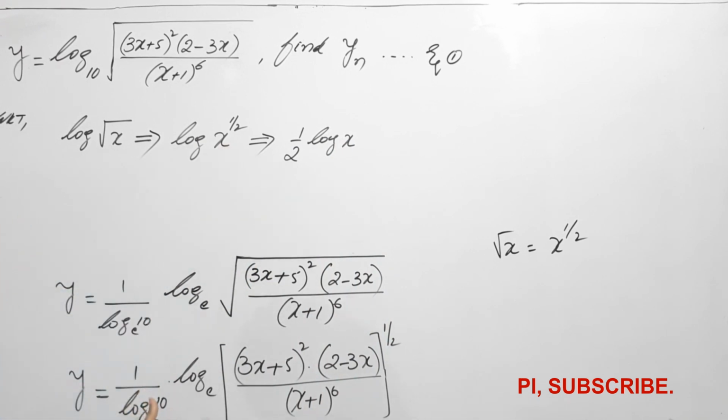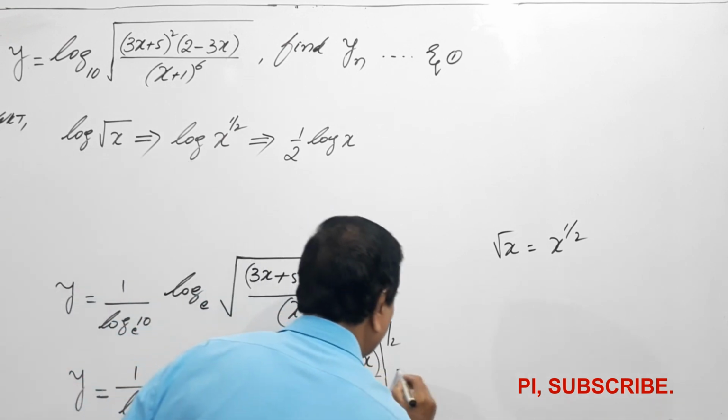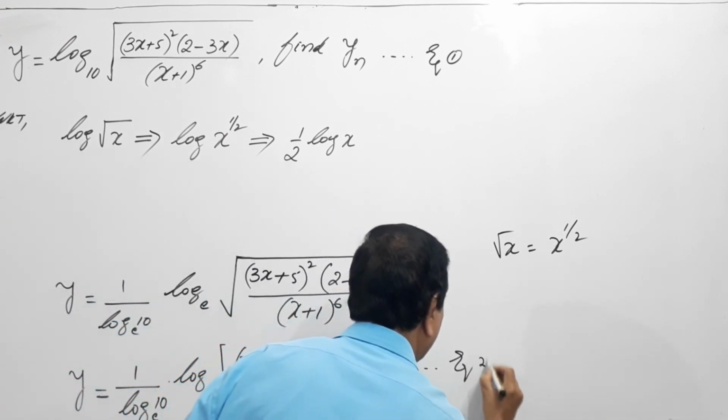So I can write this as half into. I call this equation 2.